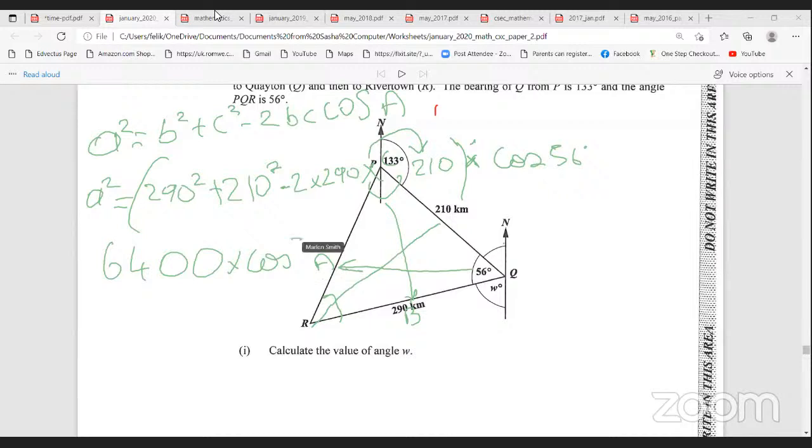Alright, and when it times by cos 56 degrees, now we get 3,578.83. Some big number. Yeah, I expected that. Alright, I think they say finish though.